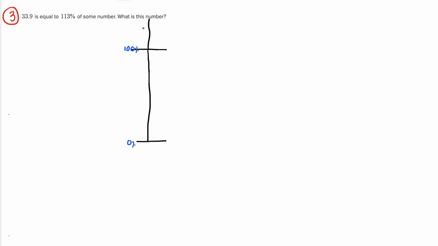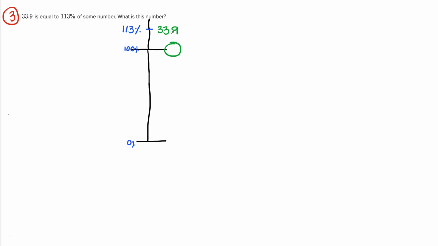And I know that around here I have 113%, because 113 is more than 100. So therefore, this number that I have here, that is 33.9, is going to be more than the whole, whatever I have here. That is what I'm looking for.